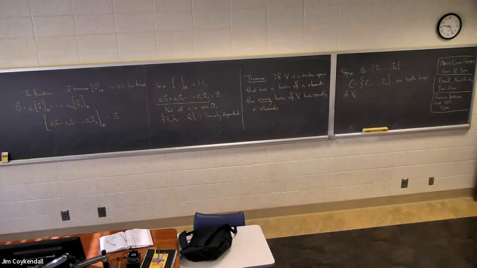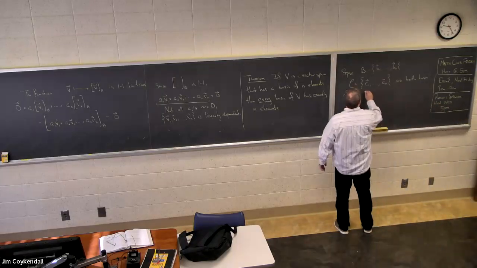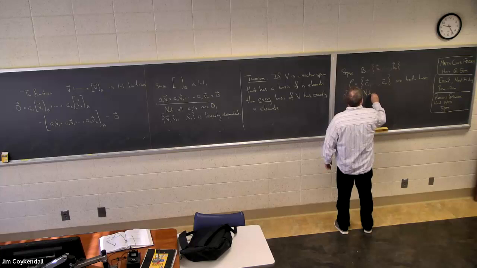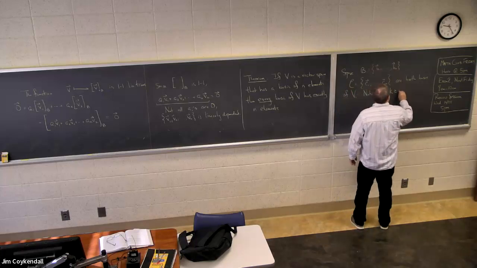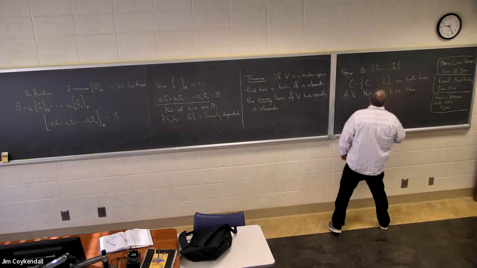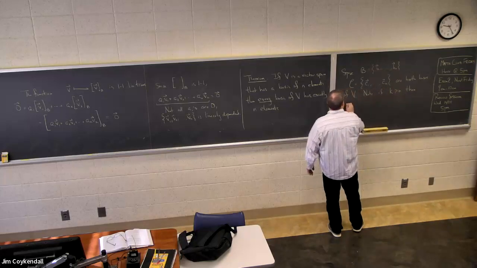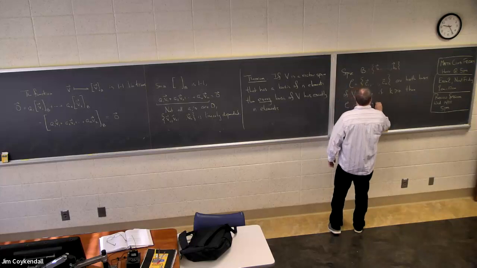How do I know that n and k have to be the same thing? That's the previous theorem. So if k is strictly greater than n, then C is linearly dependent.